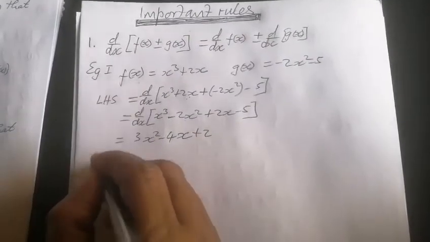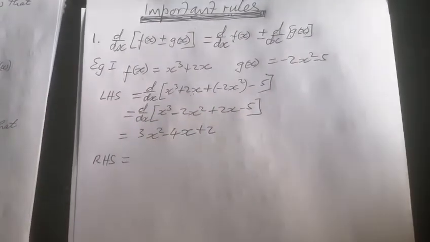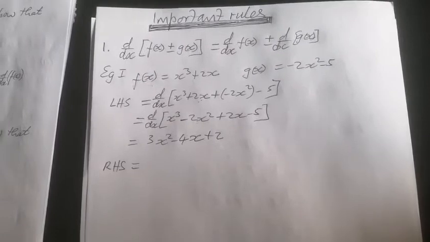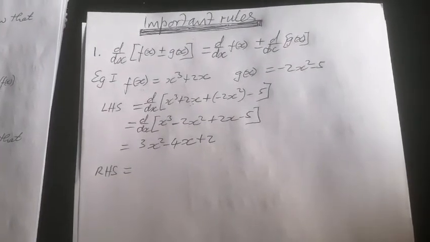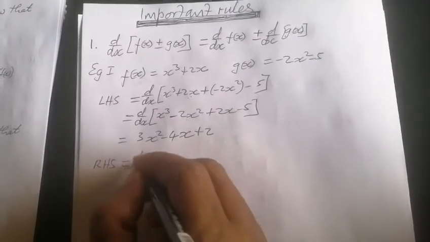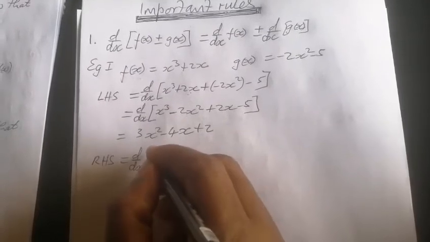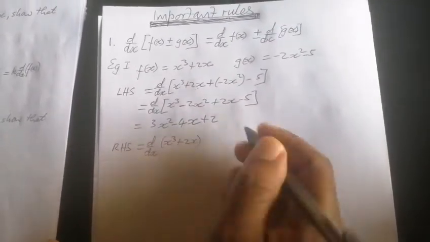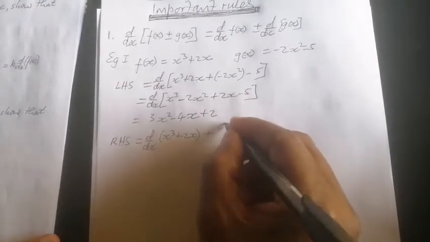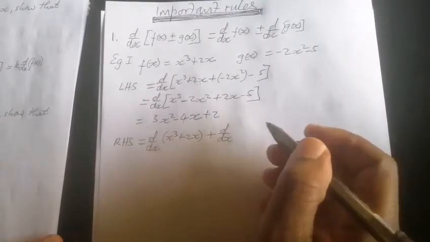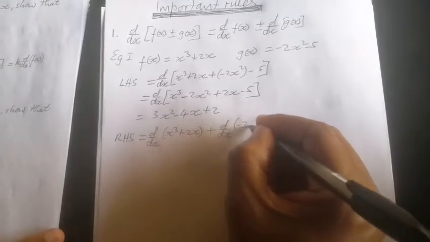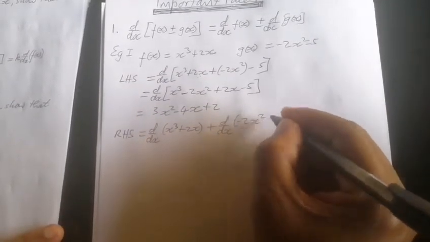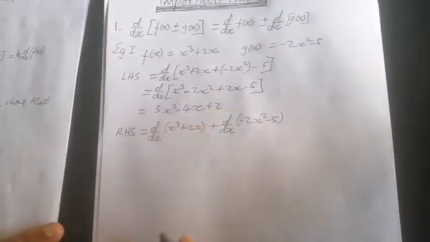Then we take the right hand side, which is the derivative of the individual functions. So we have d dx of f of x, which is x cubed plus 2x, and then plus the derivative of g of x, which is minus 2x squared minus 5.